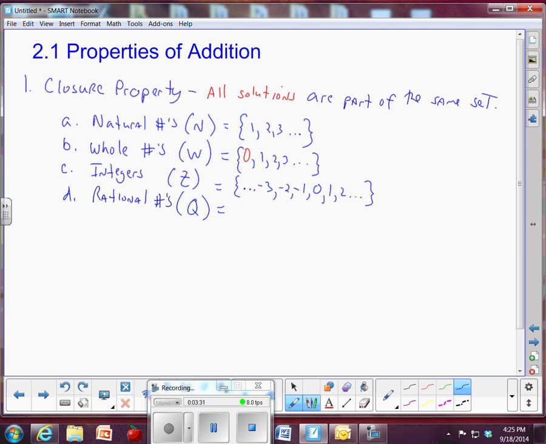The best way to think of rational numbers is anything that can be a fraction. Technically, what we mean is an integer for a numerator and an integer for the denominator that gives the exact value of the number.